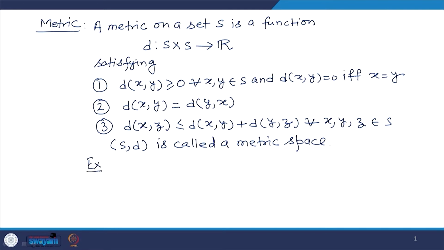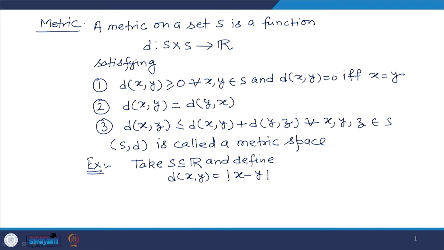If you want to see an example of a metric space, take the set S as a subset of the set of real numbers and define the metric d of x y equals the absolute value of the difference between x and y.